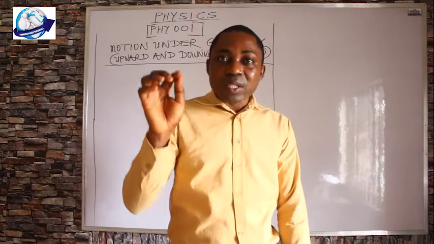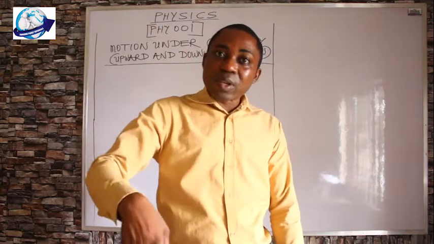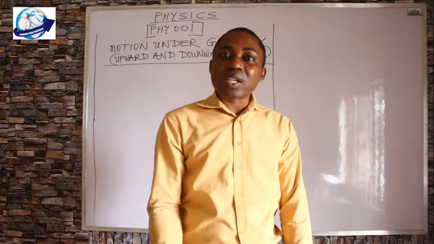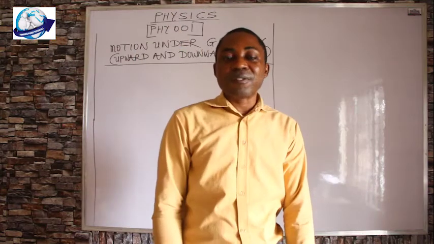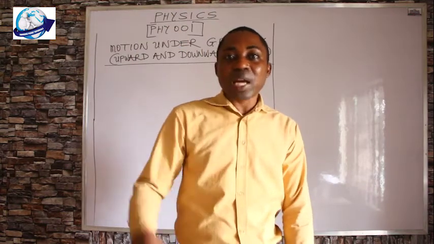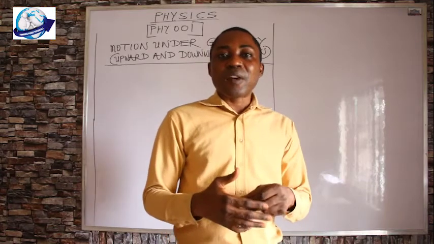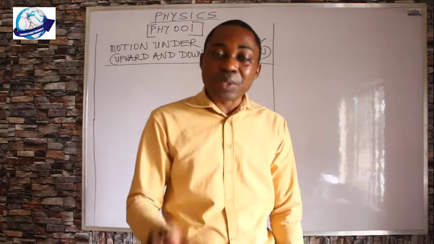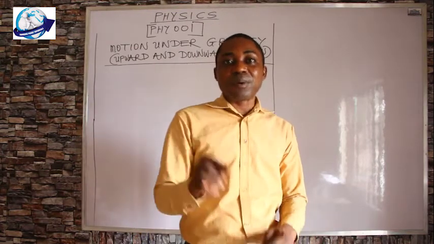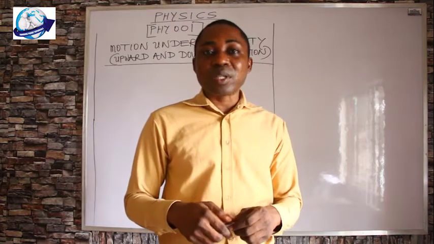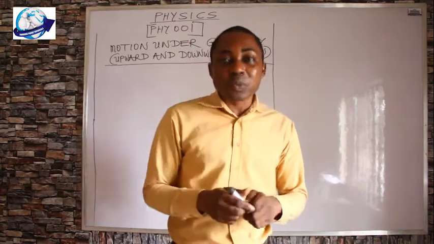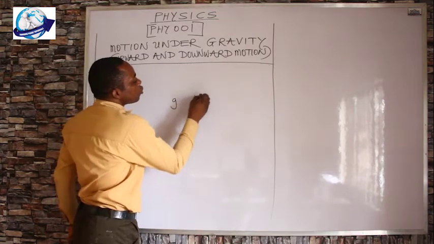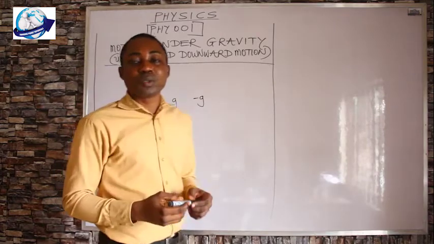Gravitational acceleration acts downwards, but if a body is thrown upwards, its motion is against it. So the value for the gravitational acceleration will be negative, minus g. And remember, gravitational acceleration is always represented by small letter g, so it will be minus g for a body thrown upwards.